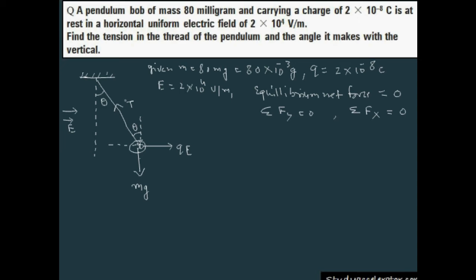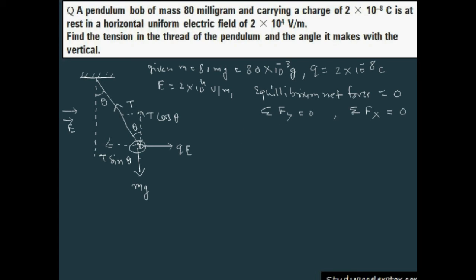So it is better to split T into two rectangular components, on the y-axis and on the x-axis. On the x-axis, its component will be T sin theta, because this is the angle and the opposite side of the angle is perpendicular. And on the y-axis the component will be T cos theta.